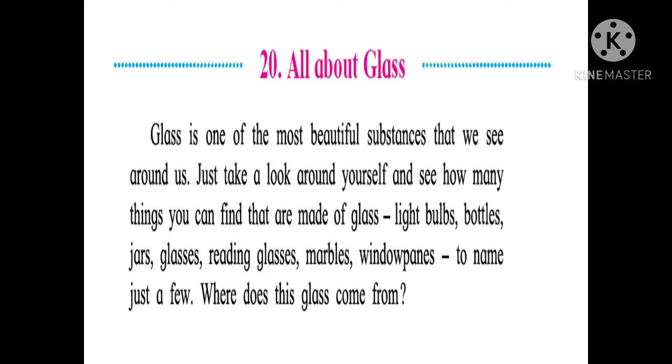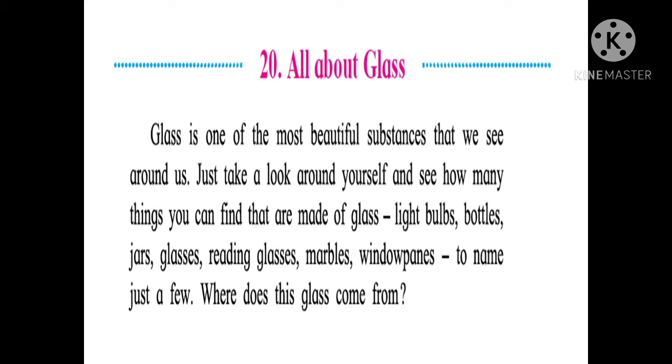Our light bulbs are made of glass, bottles are made of glass, reading glasses, marbles, window panes. Some of them make use of colorful glasses to decorate their house. Yes, so these are various kinds of glasses that we see around us, and they add beauty to our house or to the place where they are kept.